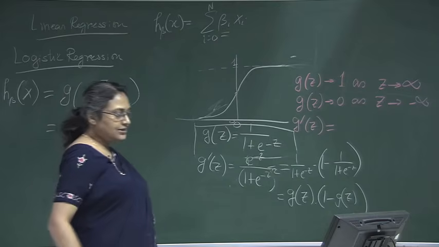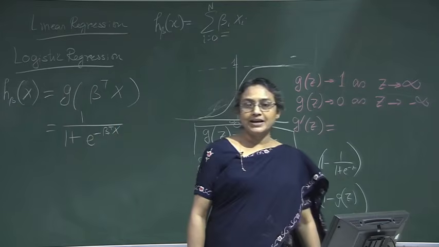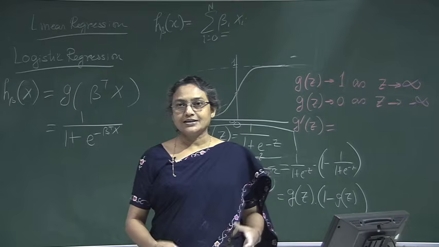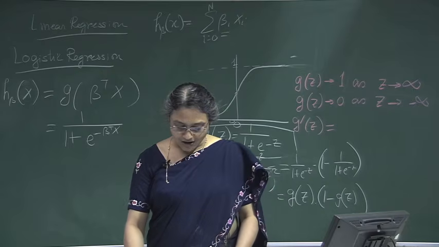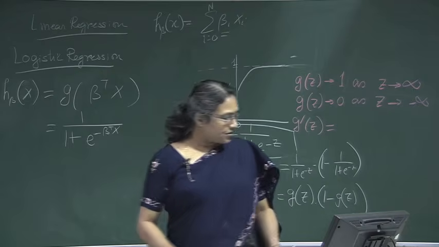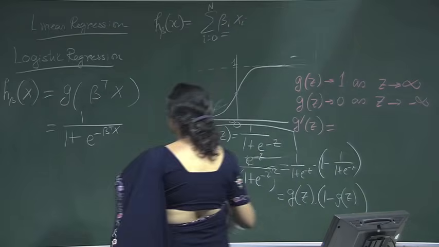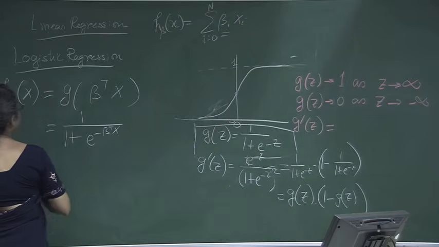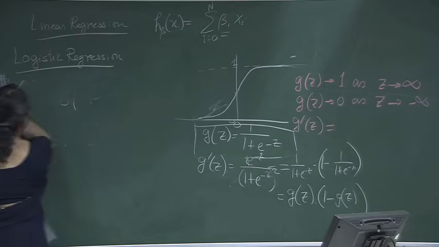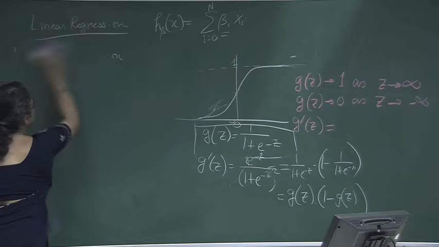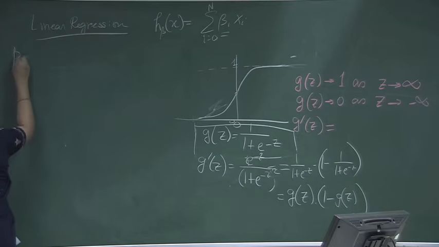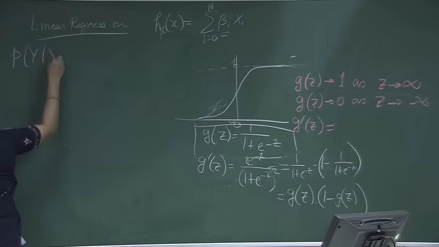So, when you are using this logistic function, based on this, we can look at the conditional distribution of generating the data. Suppose you have the input x, you want to find out what is the probability of y given x.